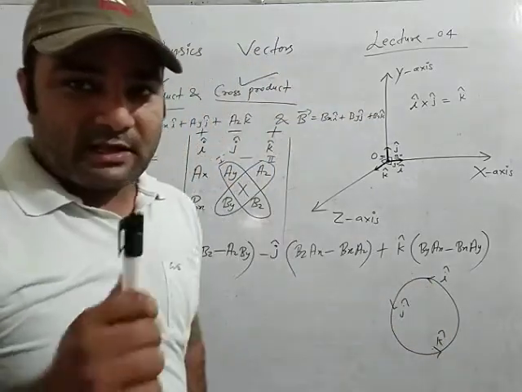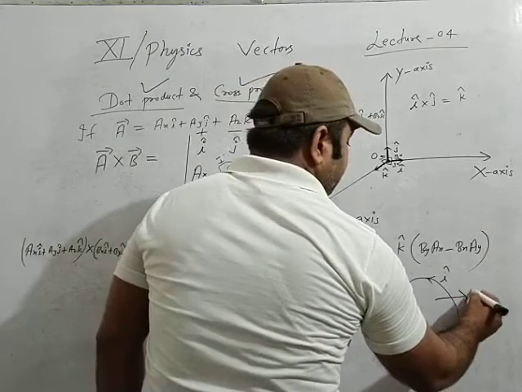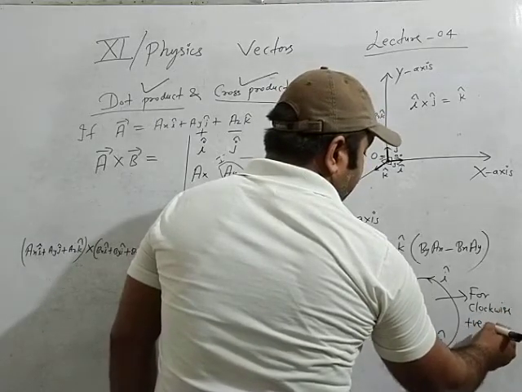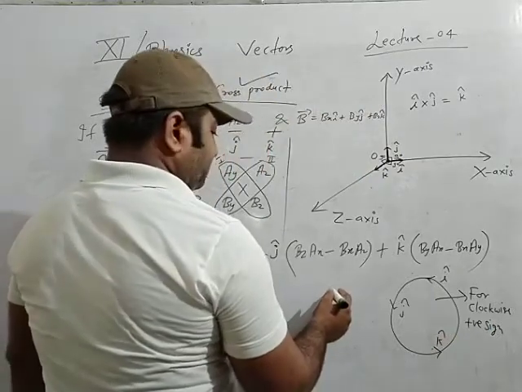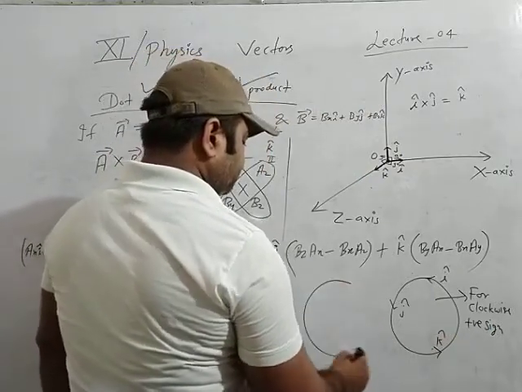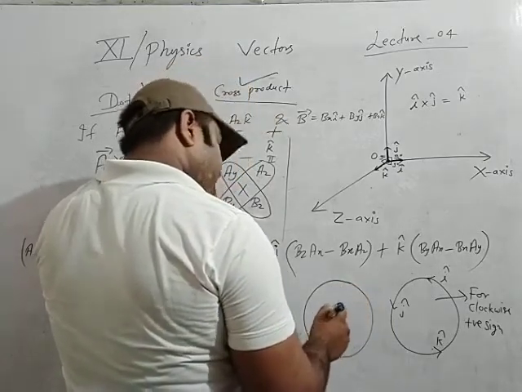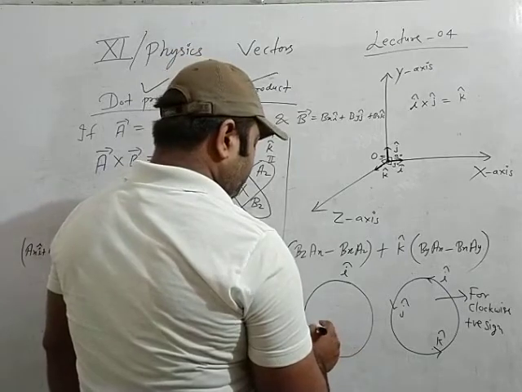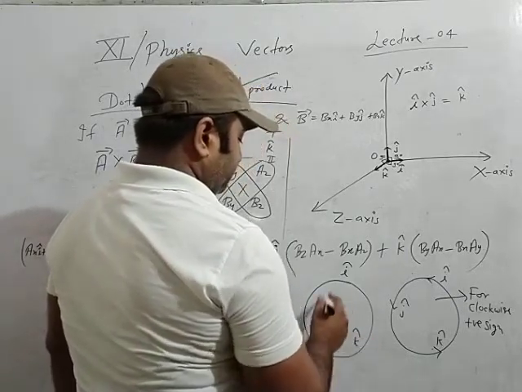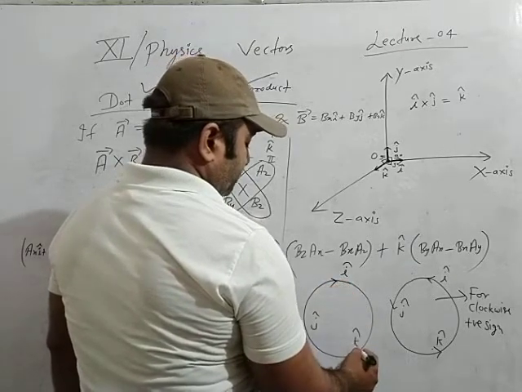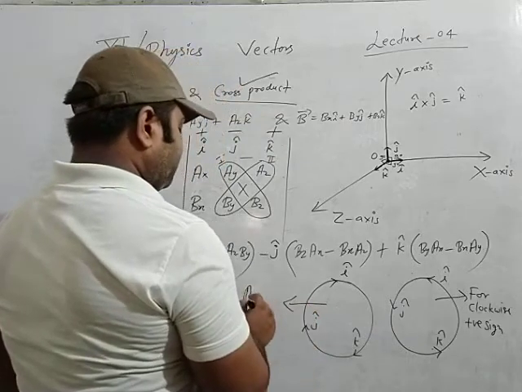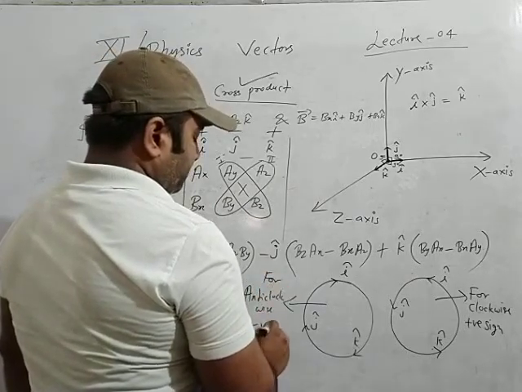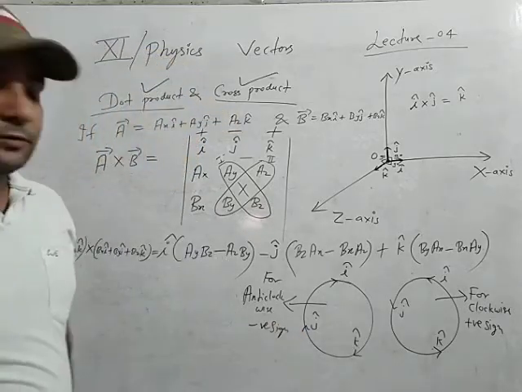In clockwise rotation, always what sign? Positive for clockwise, positive sign, and for anti-clockwise, when you are moving anti-clockwise, negative sign is taken. Clear? So the sign concept is very important.